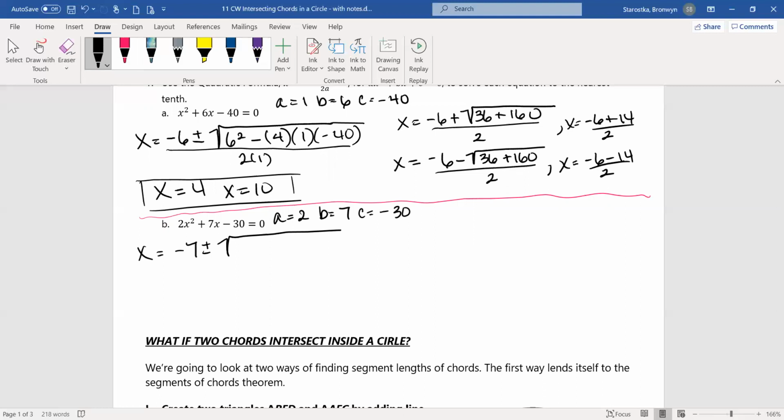I'm just going to do 7 times 7, 49, minus 4 times A times C, all over 2A.